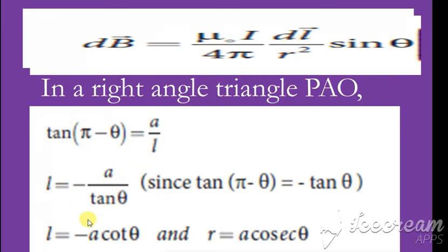Before substituting the value of L here, what we have to do is differentiate. So next step is we are going to differentiate the value of L. First take L. L is equal to minus A into cot theta, then R is equal to A into cosecant theta, as it is I am writing. Now differentiating this, I am going to differentiate cot theta.